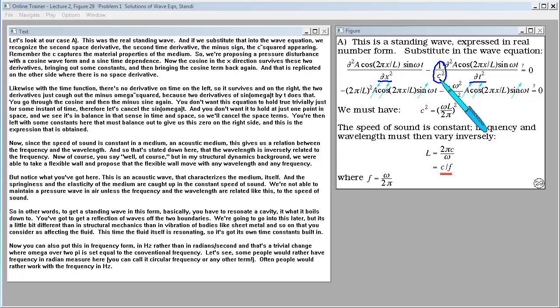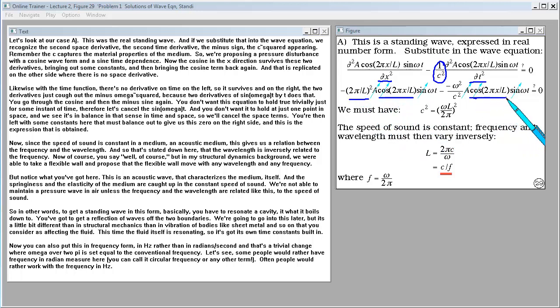So we're proposing a pressure disturbance with a cosine waveform and a sine time dependence. Now the cosine in the x direction survives these two derivatives, bringing out some constants, and then bringing the cosine term back again, and that is replicated on the other side where there is no space derivative.